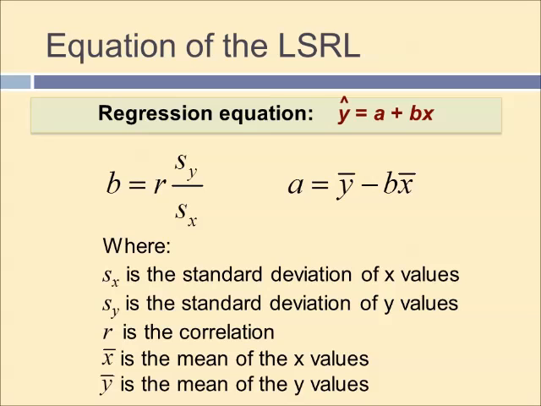Remember, standard deviation is a measure of how far things are apart. So basically we're saying the change in y over the change in x. And the value for a, the y-intercept, equals the mean of the y values minus b times the mean of the x values. Just a curious arrangement.